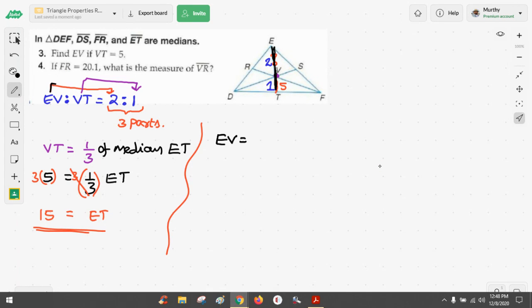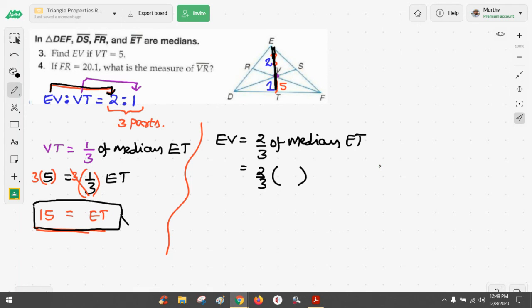already I explained that EV is contributing 2 portions. Therefore EV is 2 out of the total number. The denominator is the total number of parts. 2/3 of the median. Here the median is ET. Therefore 2/3 of the value of ET, which we just figured out, 15.